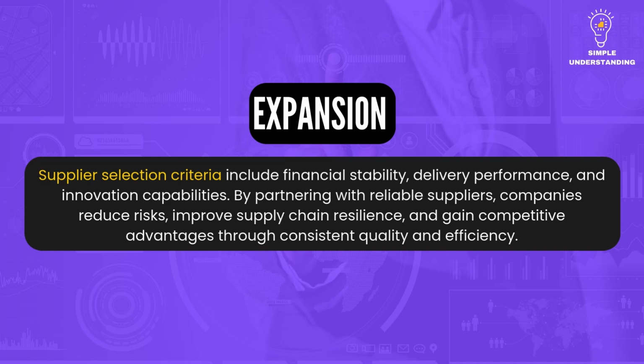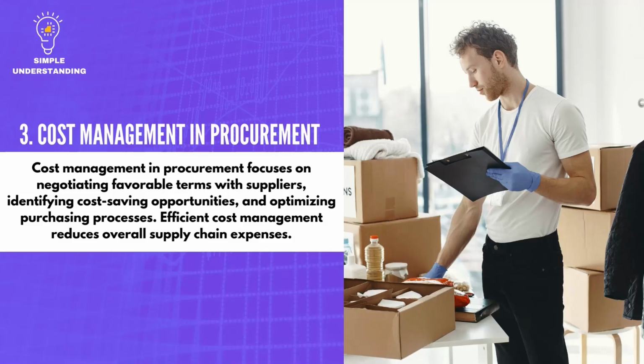Expansion. Supplier selection criteria include financial stability, delivery performance, and innovation capabilities. By partnering with reliable suppliers, companies reduce risks, improve supply chain resilience, and gain competitive advantages through consistent quality and efficiency. 3. Cost management and procurement.